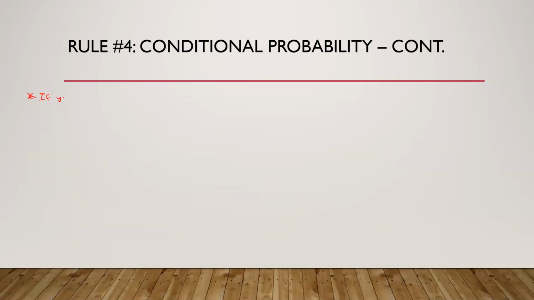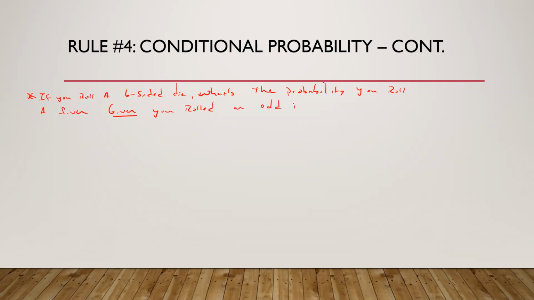So if you roll a 6-sided die, what's the probability you roll a 5 given you rolled an odd number?